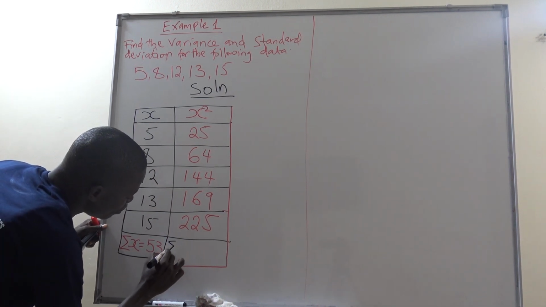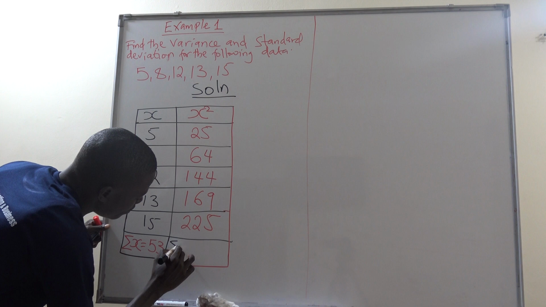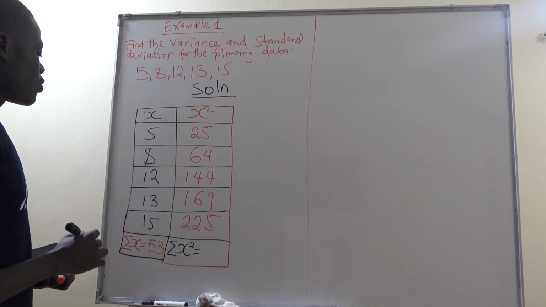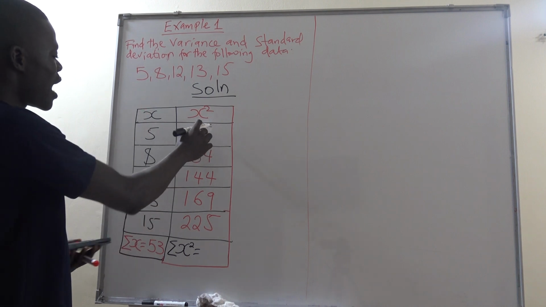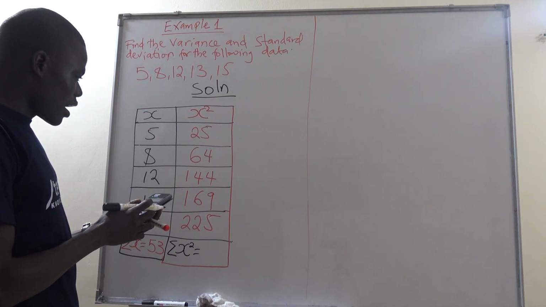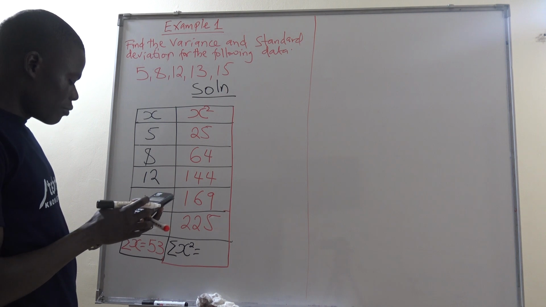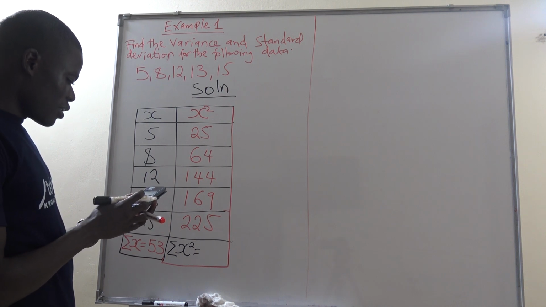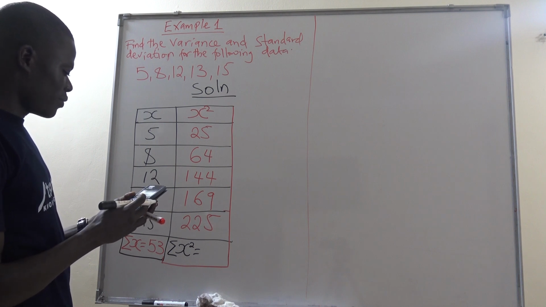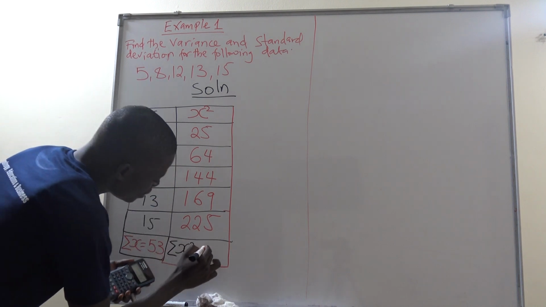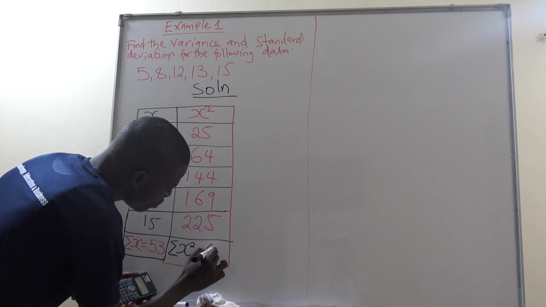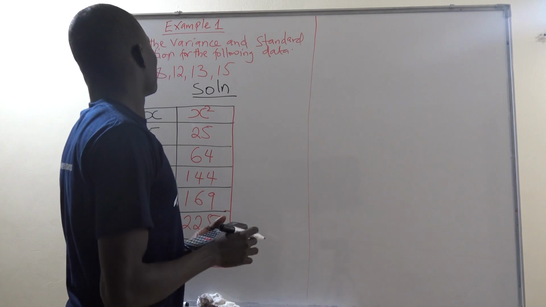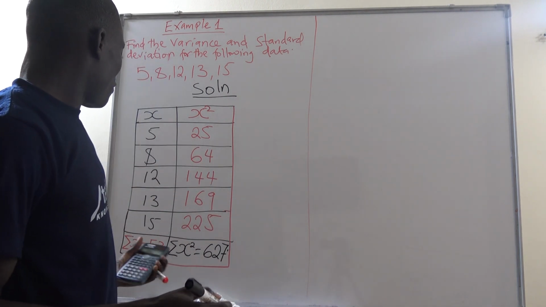So we add 25 plus 64 plus 144 plus 169 plus 225, and we get 627. So now we have computed our table.